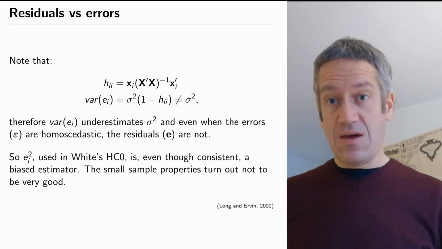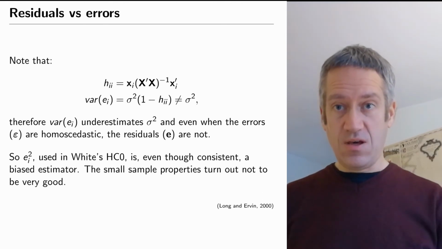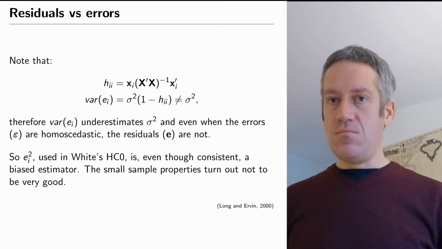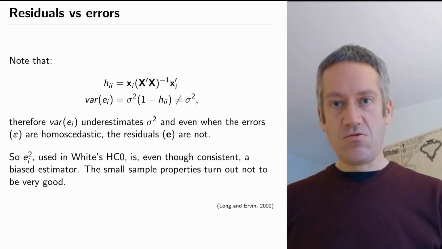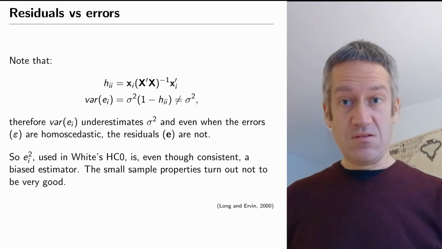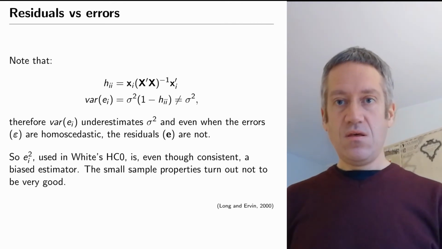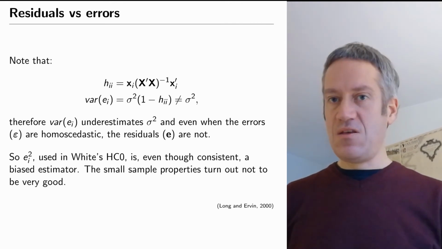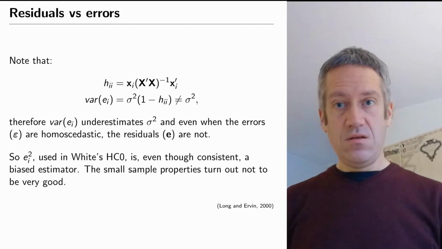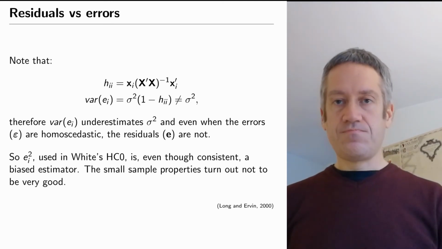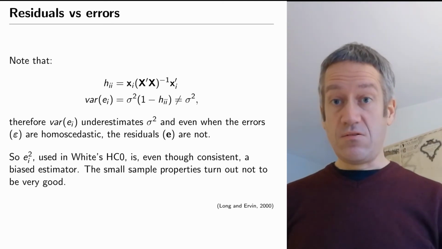So in a given sample, in a fixed sample size, you will not get exactly homoscedastic residuals, even if in the population there are homoscedastic errors. And the variance that is estimated this way, if you take the square of the residuals, you have an estimator for that population variance of the error, but it is an underestimate.